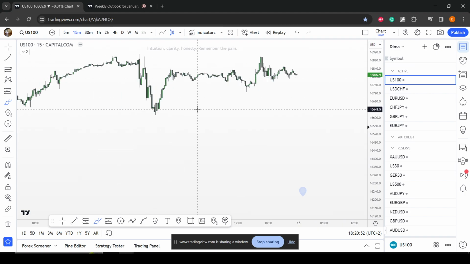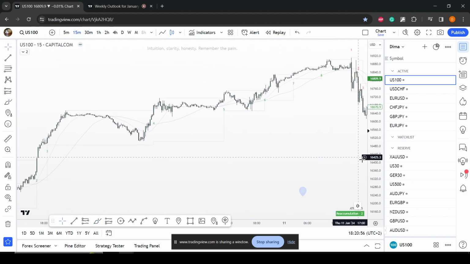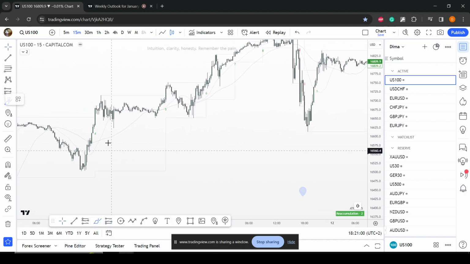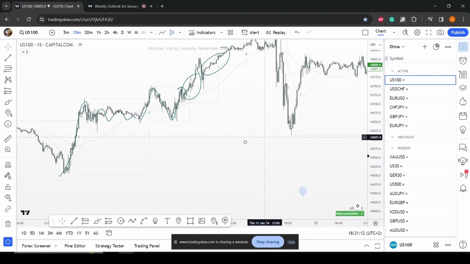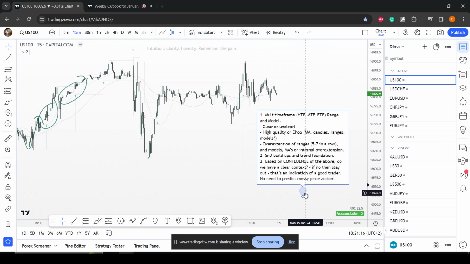And clear conditions are something like this. For example, when we have clear move, then period of unclarity, then clear move again, and confirmation of the move. So somewhere here on the lower time frames we can find entries when we have the foundation of a price.